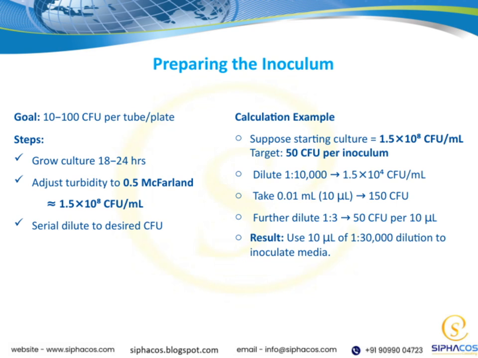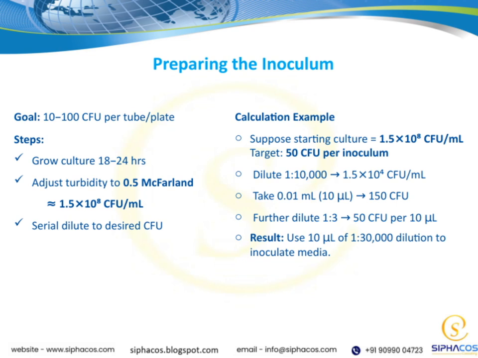Next, we take 0.01 milliliters, or 10 microliters, of this diluted culture. This gives us approximately 150 CFU, because 1.5 × 10^4 CFU per milliliter times 0.01 milliliters equals 150 CFU. Then, we perform a further dilution of 1 to 3, which reduces the concentration to about 50 CFU in 10 microliters.